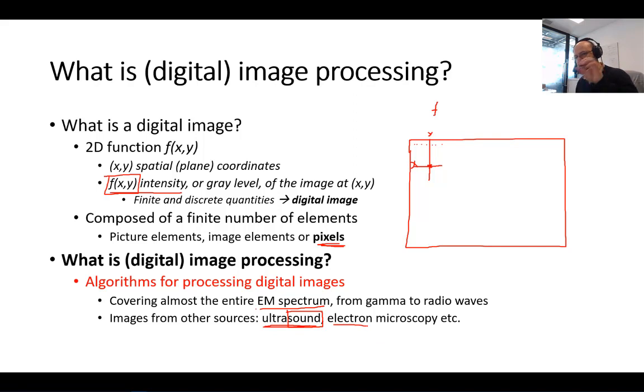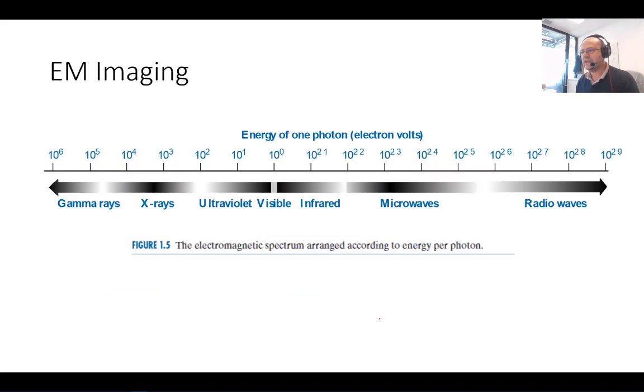So you bombard whatever you want to see on a microscopic scale with the electrons, and what your sensor is picking out are pixels related to the intensities of the electrons that actually passed through the material that you want to analyze. Now, this is then the entire range of imaging that you can, just thinking about the electromagnetic spectrum.